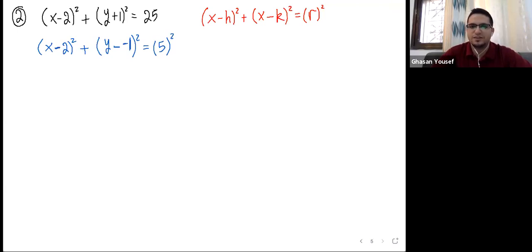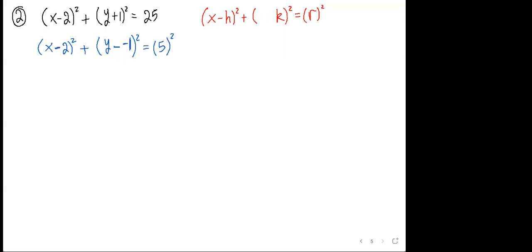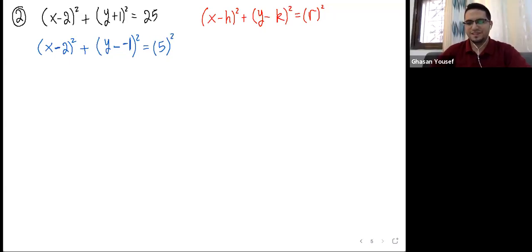Here is y, sorry, I made the same mistake again. You change the signs inside the parentheses to get the center. Exactly.